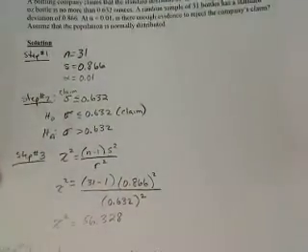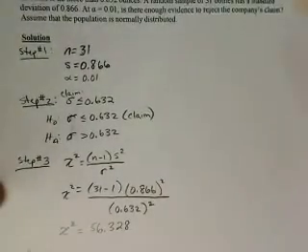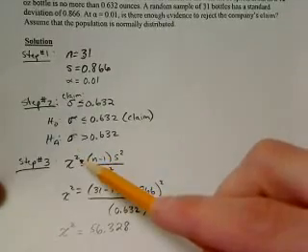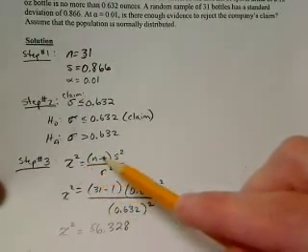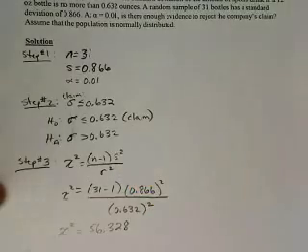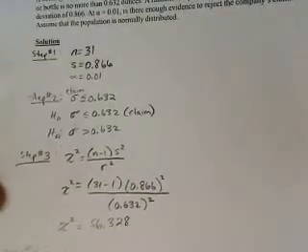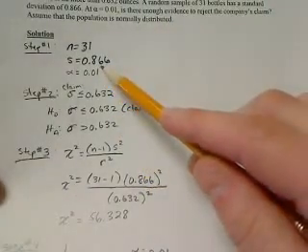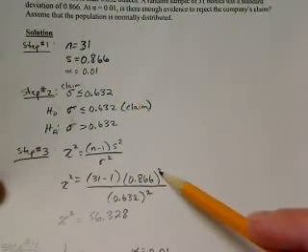In step number 3, we have to calculate the test statistic, which is a chi-squared distribution, since we're making inferences on a standard deviation. So the formula is n minus 1 times s squared over sigma squared. n is 31, we're going to subtract 1. The standard deviation, or s, is 0.866. We're going to need to square that.